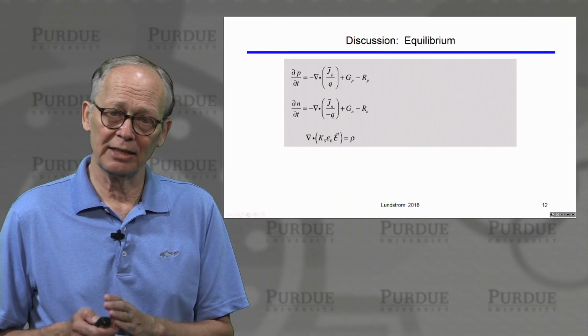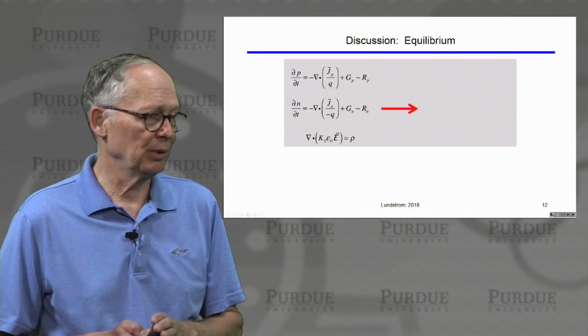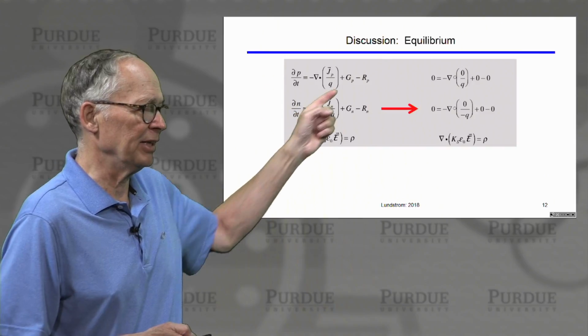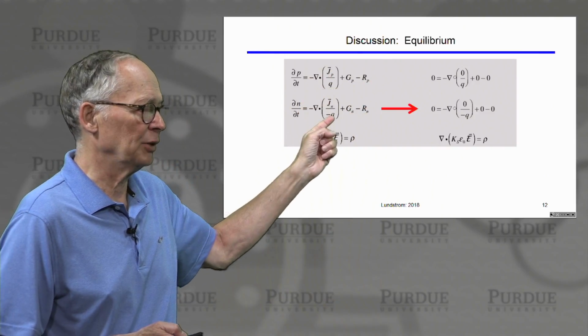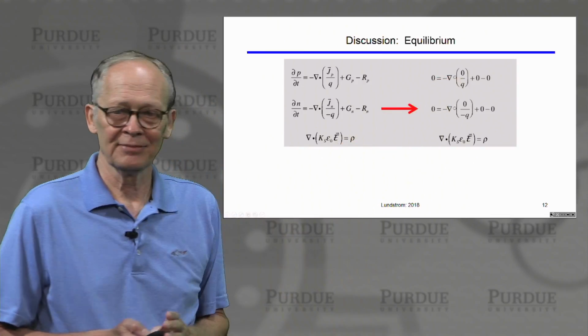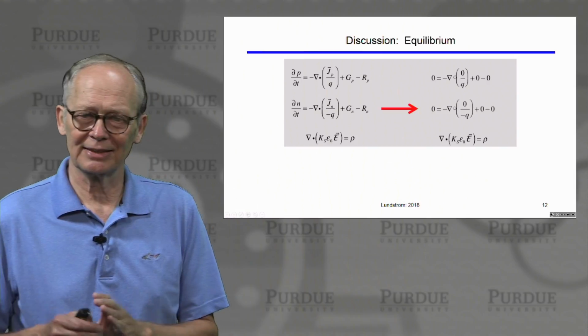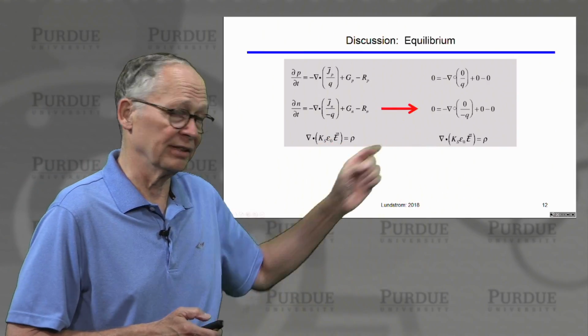Now, those are complicated equations. What happens in equilibrium? In equilibrium, those equations simplify considerably. Nothing changes with time in equilibrium, so there are no time derivatives. No currents flow in equilibrium, so there are no currents. There can be no net recombination or generation. So everything simplifies considerably. We could have electric fields in equilibrium.